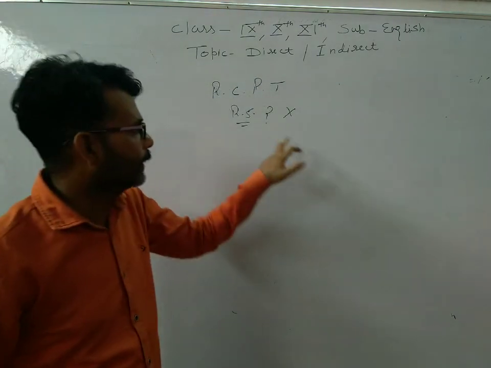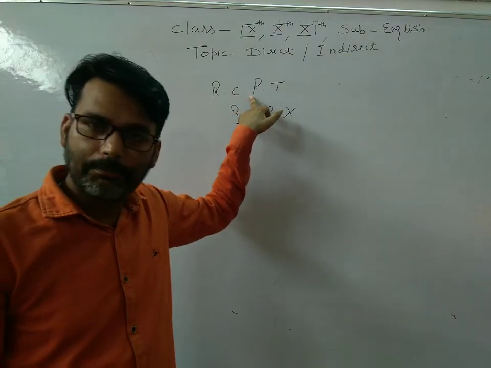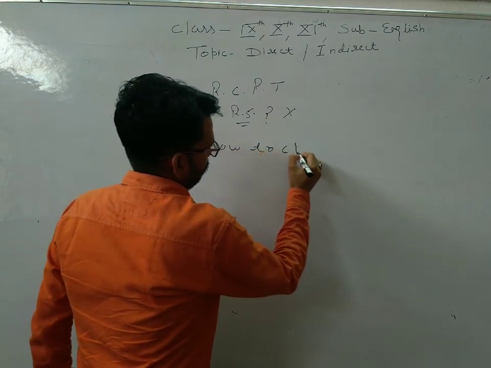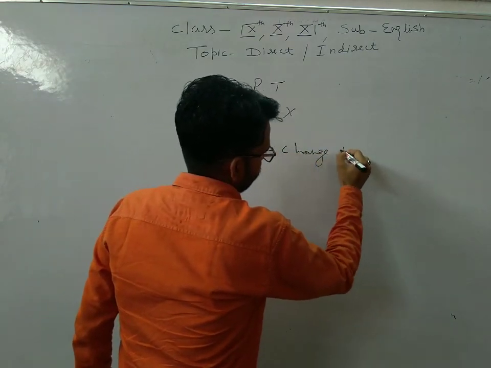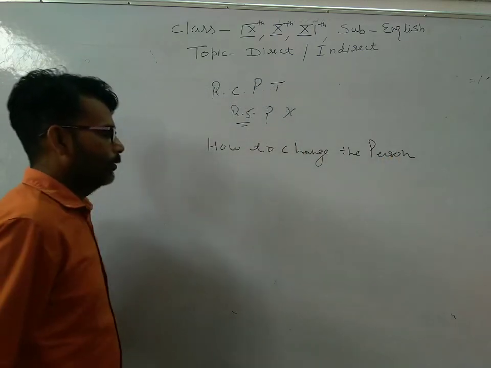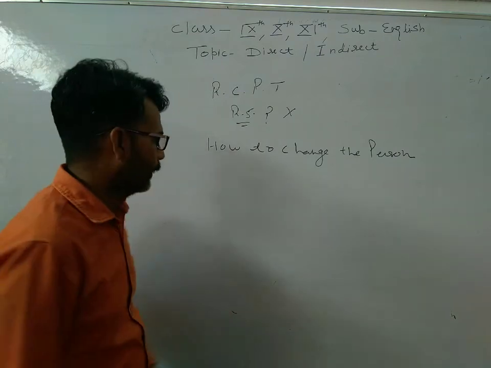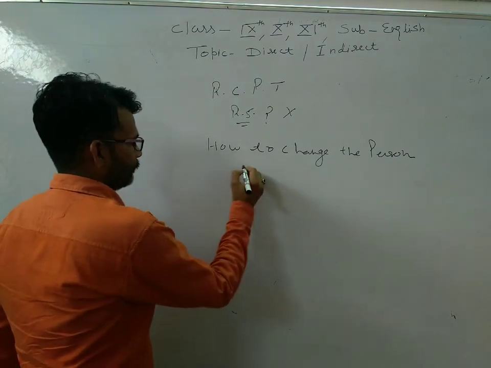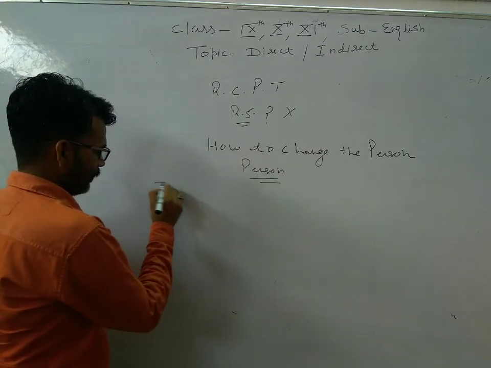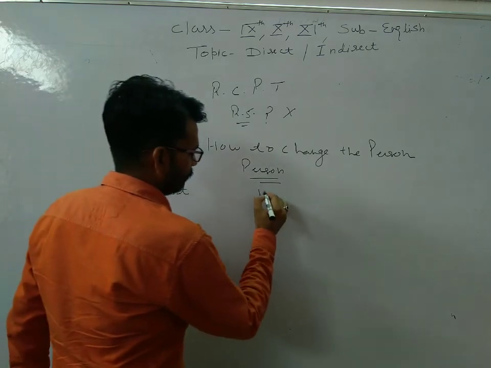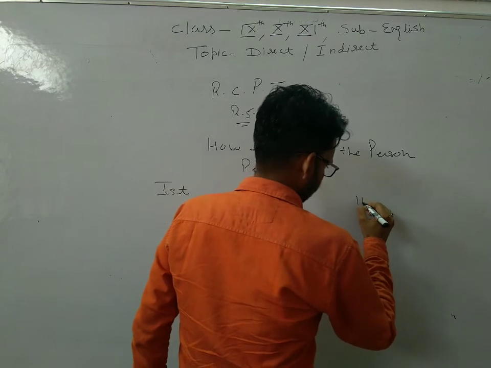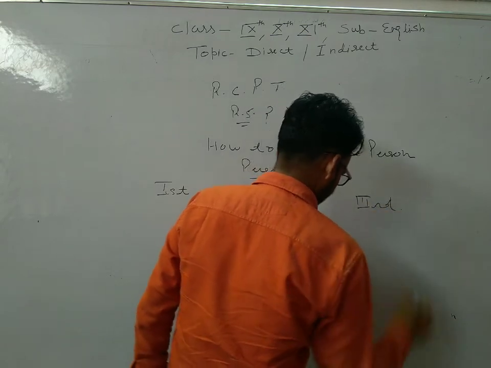So students, our next point is how to change the person. There are three types of person in English. First is first person, then we have second person, then we have third person.